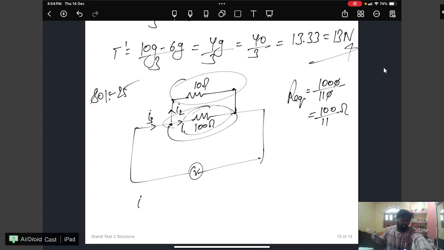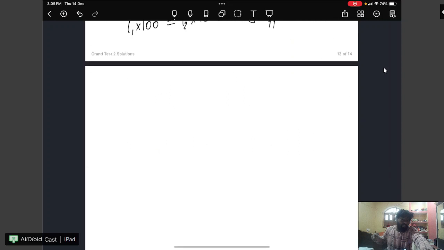Now potential: I1 into 100 is equal to I2 into 10, which is equal to I3 into 100 by 11 ohms, the total equivalent potential.